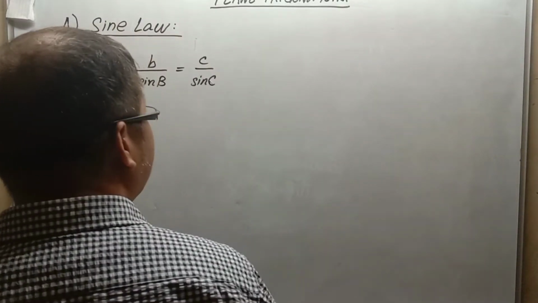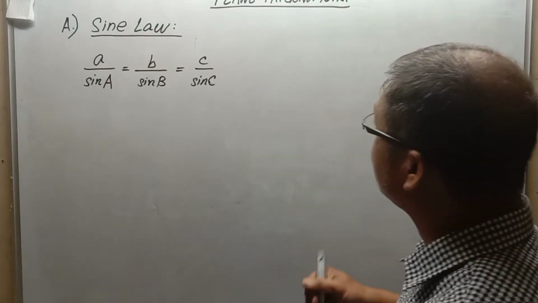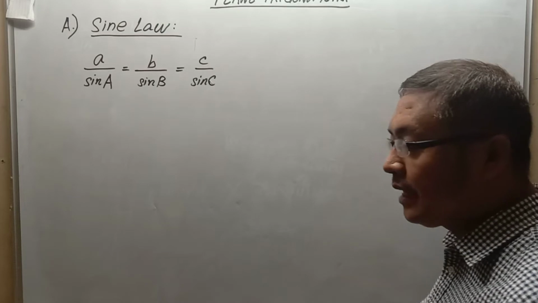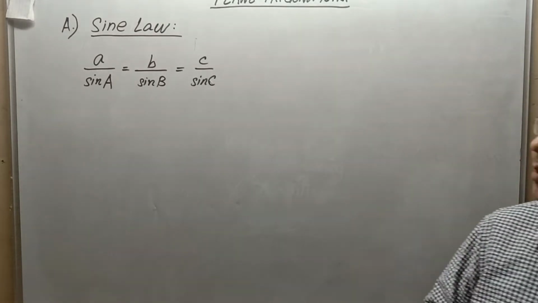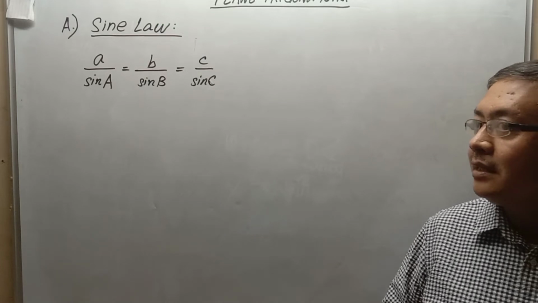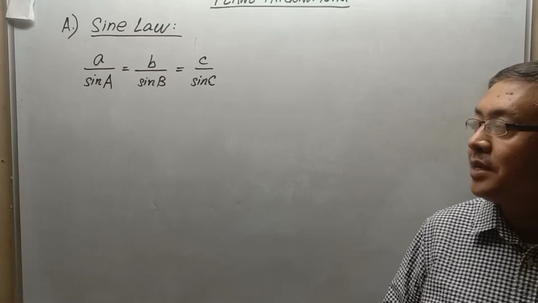Because this is applicable, guys, for oblique triangles. Solution for oblique triangles: actually, there are 4 cases that we are going to discuss. However, I will discuss to you the 2 cases which are applicable for sine law.